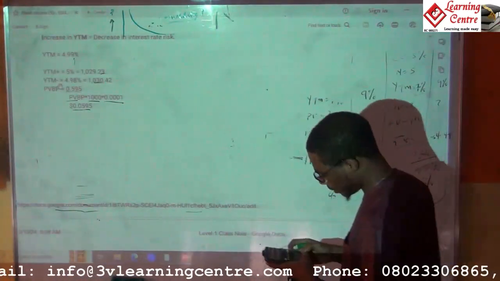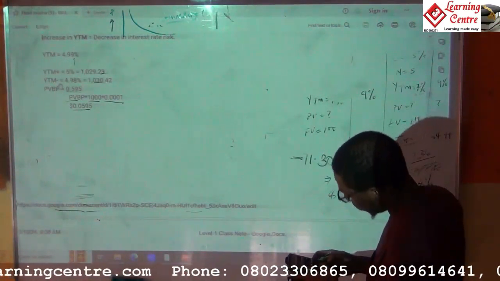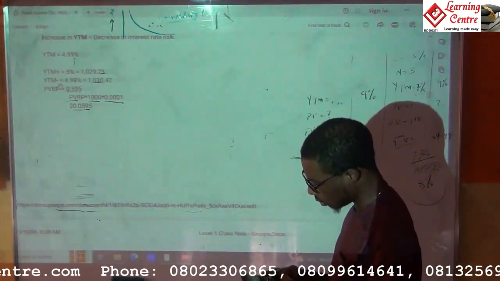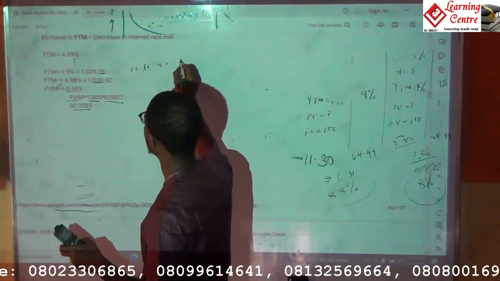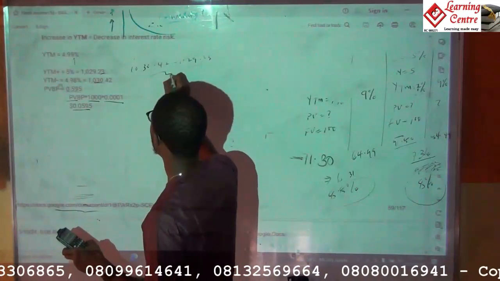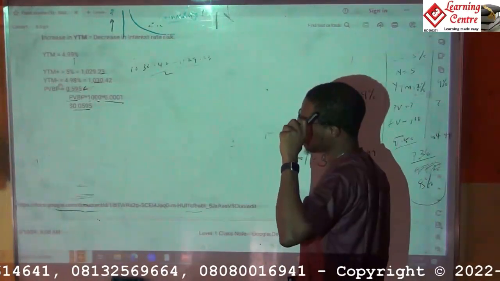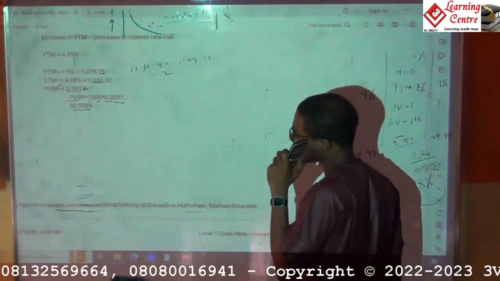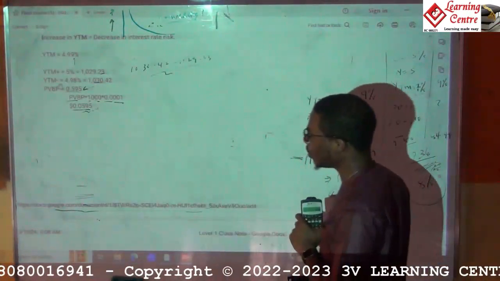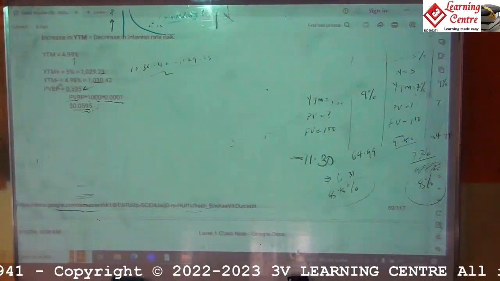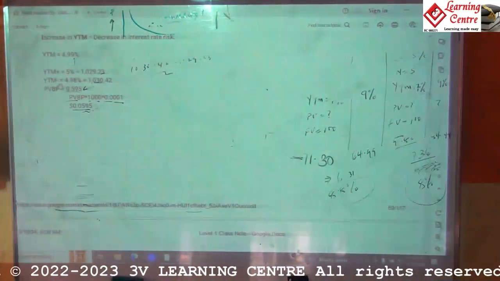Then you take the price at yield minus 10 basis points less the price at plus 10 basis points, and divide by 2 times the full value times 0.01%. You get the monetary value of a single basis point.